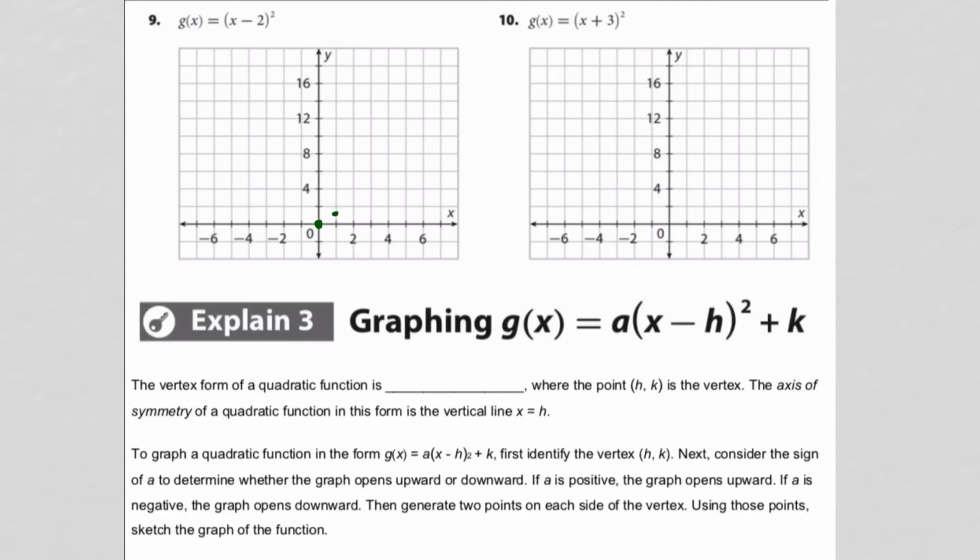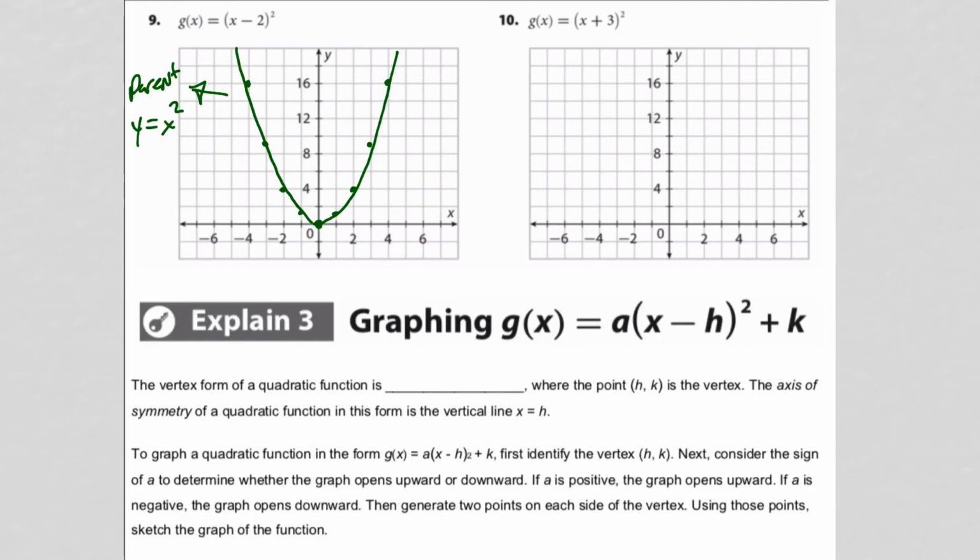Sorry, 2, 4, 3, 9, 4, 16, and over here is going to be 16, and 3, 9. So here you go. You've got basically the parent function, y equals x squared.